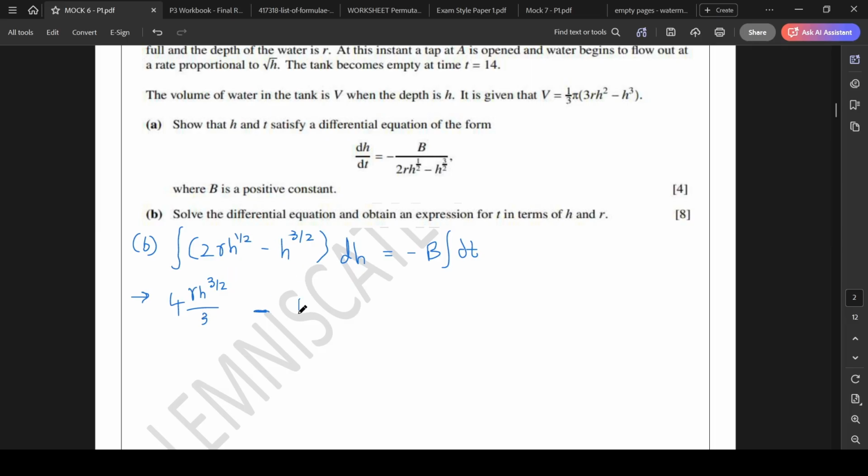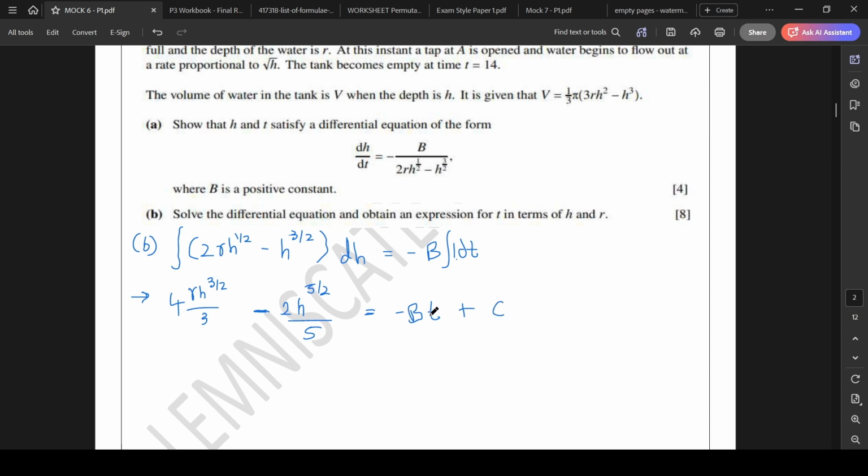And then this is going to become h to the power of what is 3 over 2 plus 1. It is going to become 5 over 2. So over 5 over 2. This 2 goes on the top. So this becomes this, and on the right hand side, you are having minus b as a constant, and the integration of 1 dt is of course t, and then plus c.